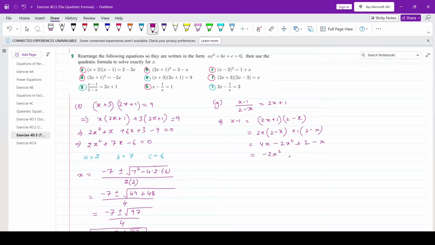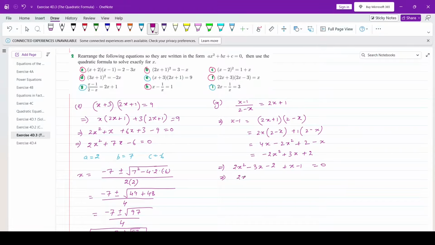Now 4x minus x is equal to plus 3x plus 2. Now we take everything on the left side and we get 2x square minus 3x minus 2, and then this term, which is x minus 1, is equal to 0.